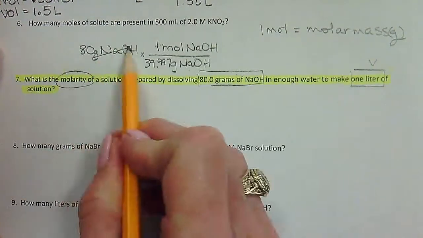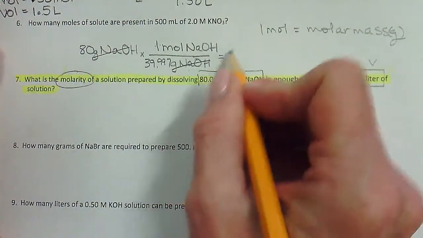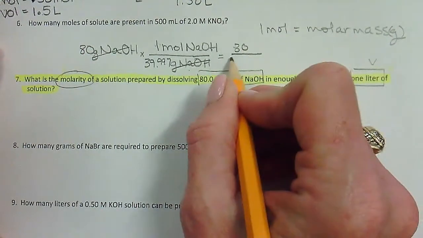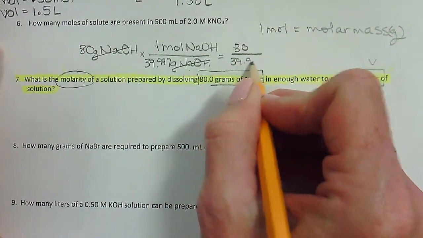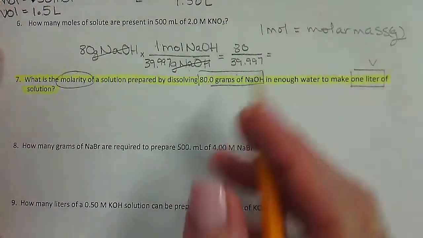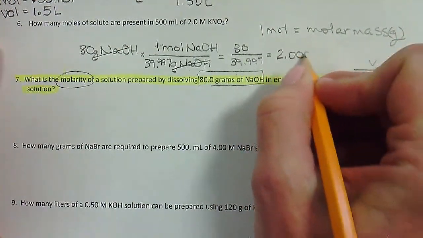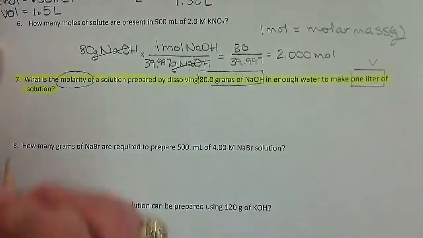Grams of sodium hydroxide cancel, and I'm left with moles. So 80 times 1 is 80, divided by 39.997, which is about 2. It's close enough to 2, so 2.000 moles.